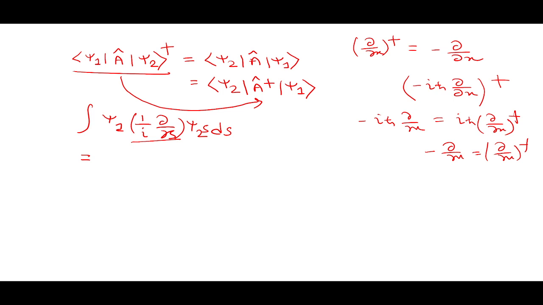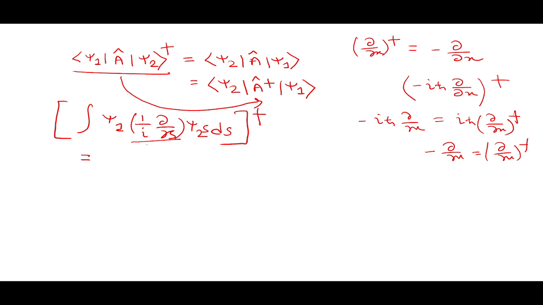But you are missing the complex conjugate of phi 1, I guess. Yes. I have to think about how to go from this step to this step and recheck. Any idea how to do that?